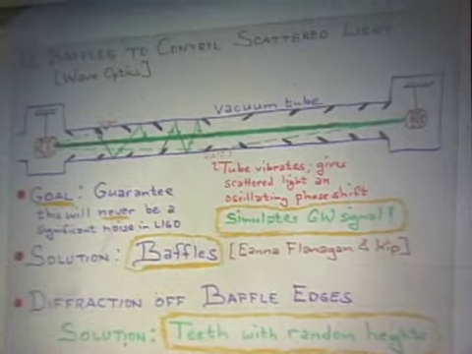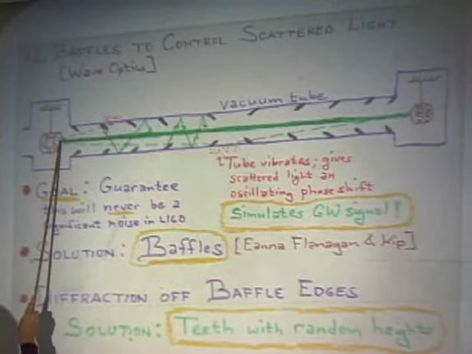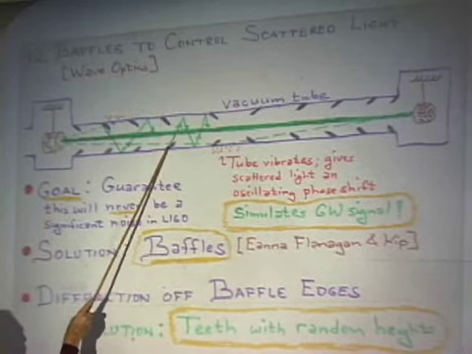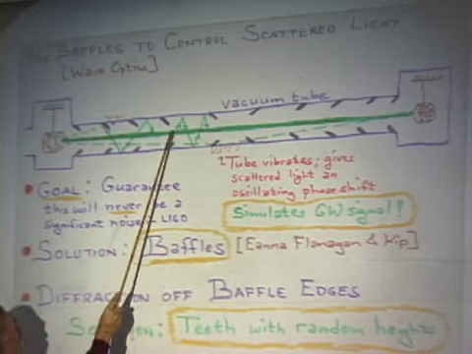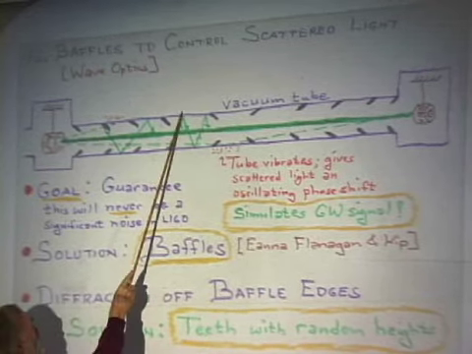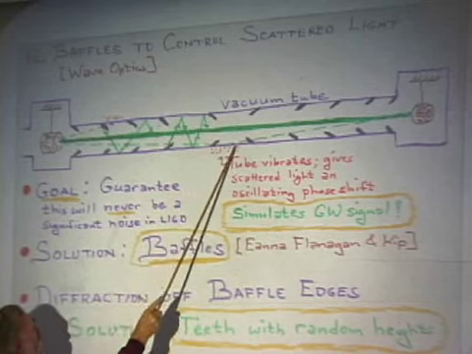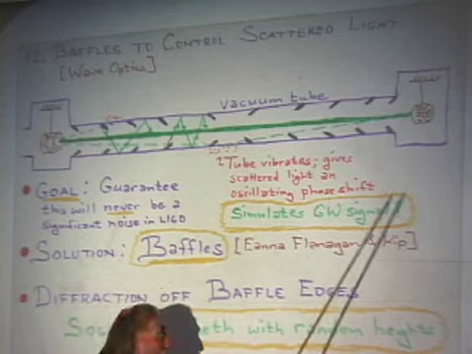But there were other reasons for wanting to do it that way. So what happens is that when light scatters off this mirror, then it comes down, it hits a baffle, and it gets scattered off the baffle and off to some much steeper angle, and then it gets absorbed in the walls with a very small probability of making its way on down to the other mirror.